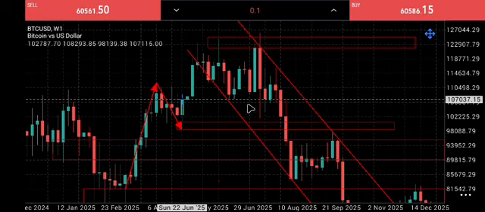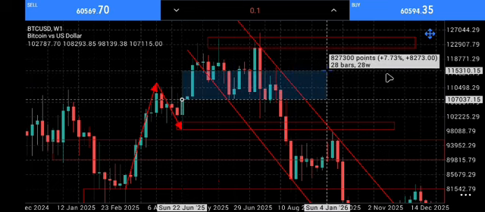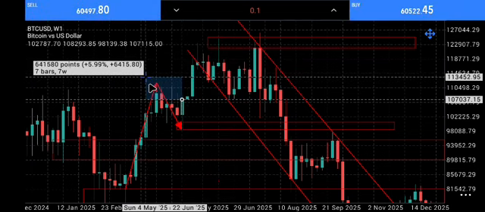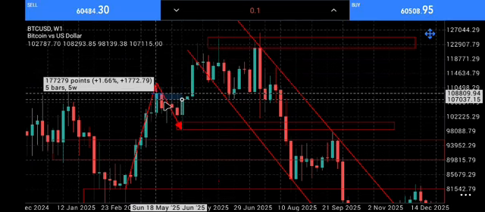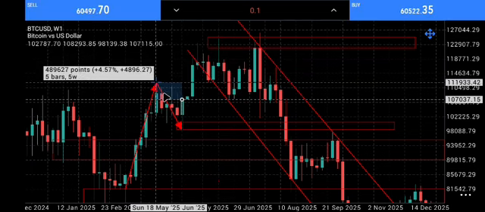If you bought there, you could have put your target here, which was our previous area of resistance, where the price was 111,933.42.